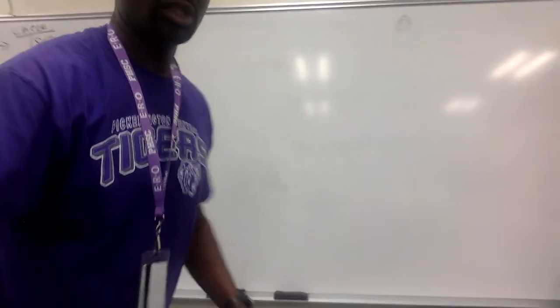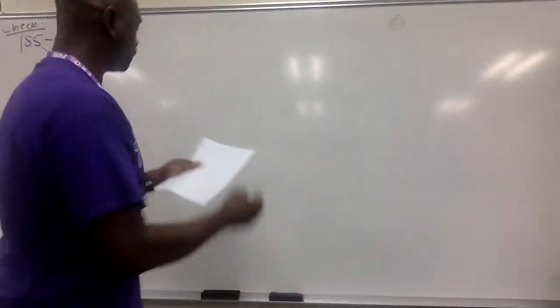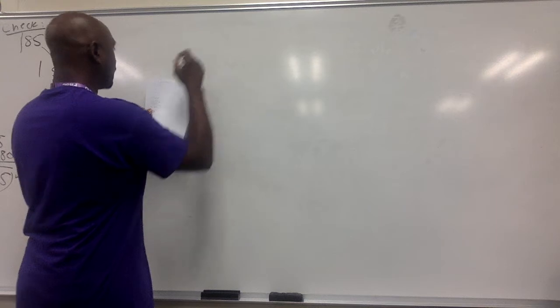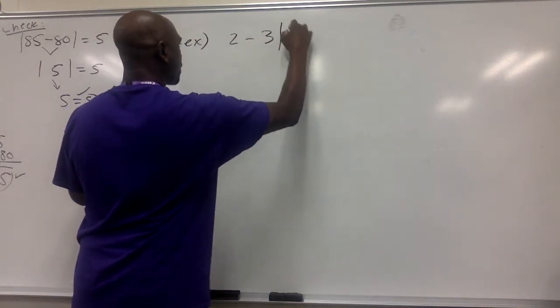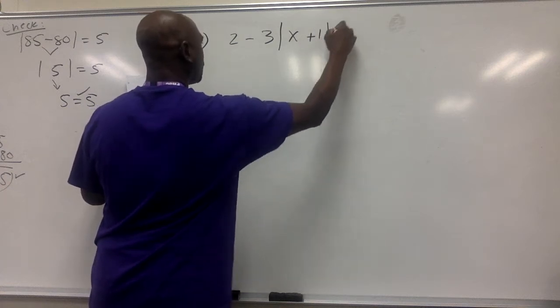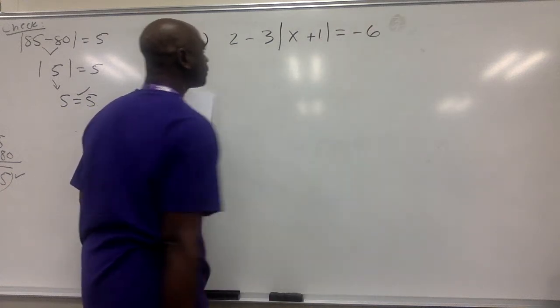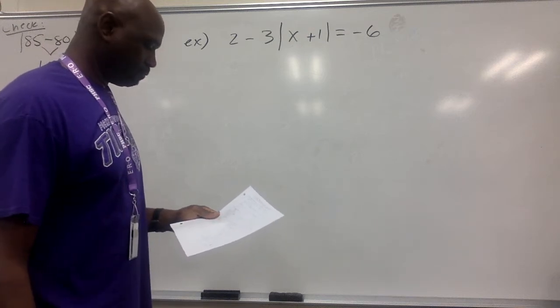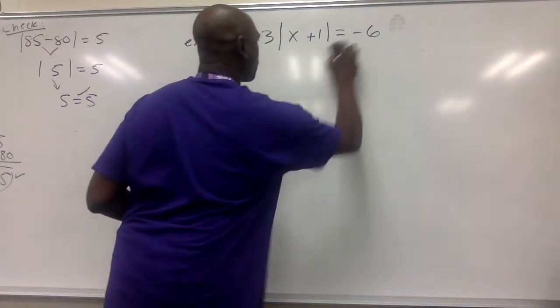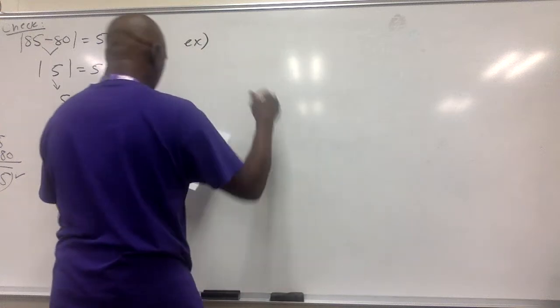So let me try to sneak this one in as well. What if I did, for example, 2 minus 3 times the absolute value of x plus 1 equals negative 6? Actually, you know what? That one's a little too aggressive right away. We'll do some more aggressive ones in class.